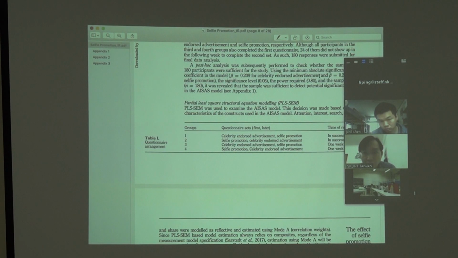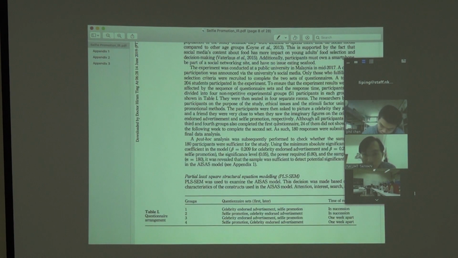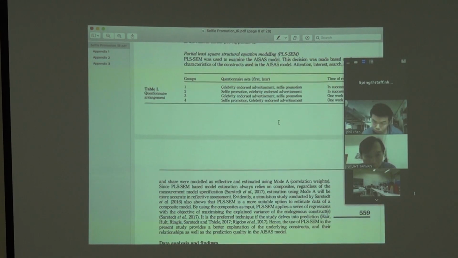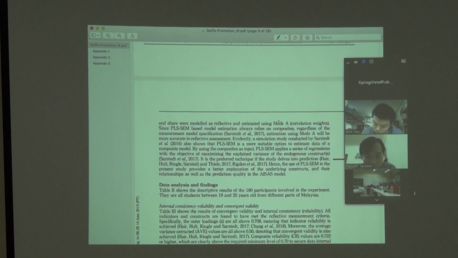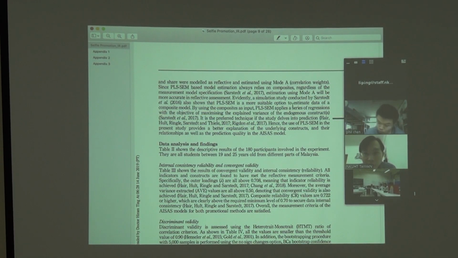Hold on. Where is it mentioned? I thought it is mentioned somewhere here. Let me see where is the ANOVA thing. I want to show you ANOVA. Where is it?